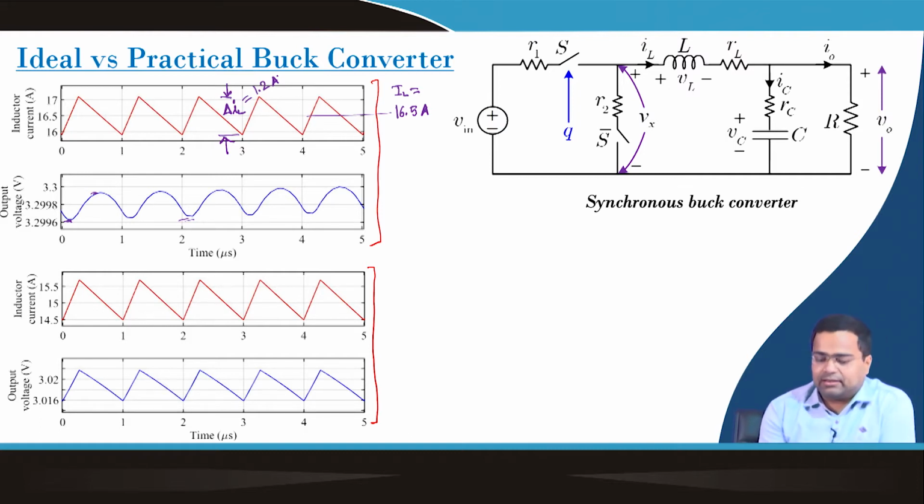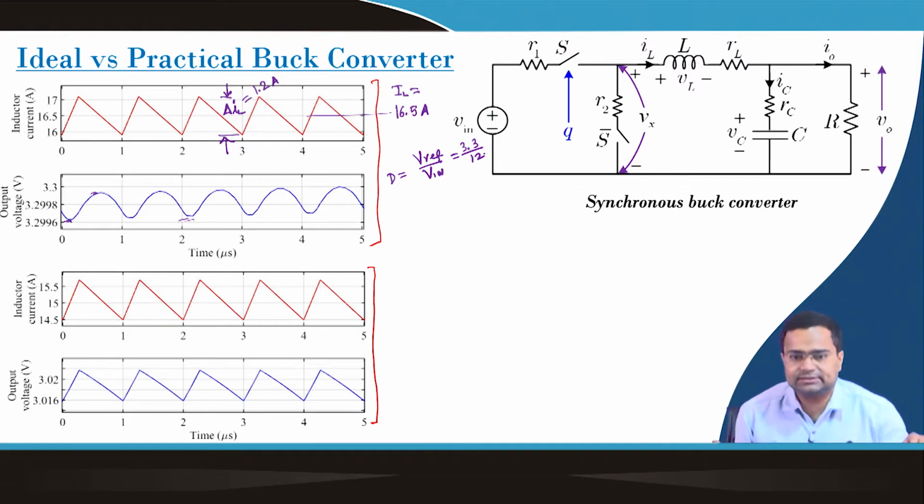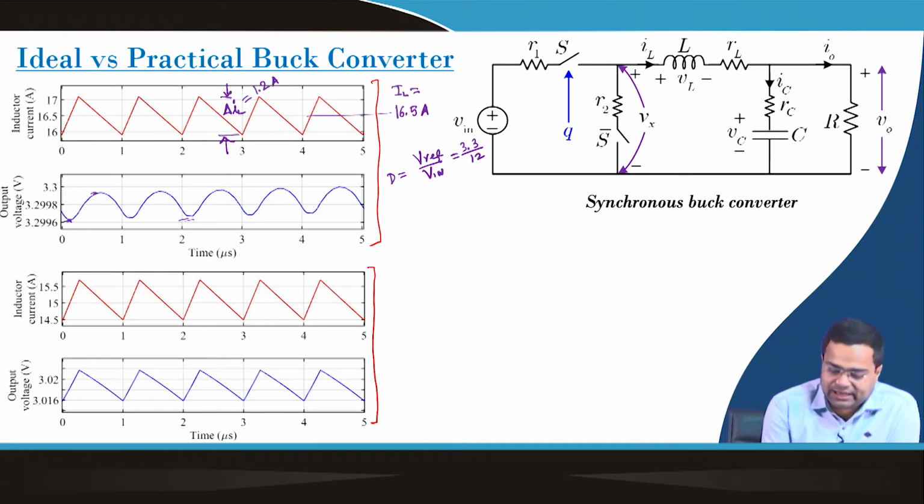Now, what will happen in the practical case? In both cases, we consider D equal to Vref by Vin, which is 3.3 by 12. You see, the ripple current in this case remains more or less 1.2 ampere, so we do not find much difference in ripple current between these two waveforms.